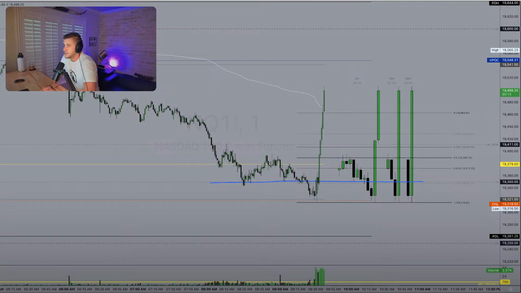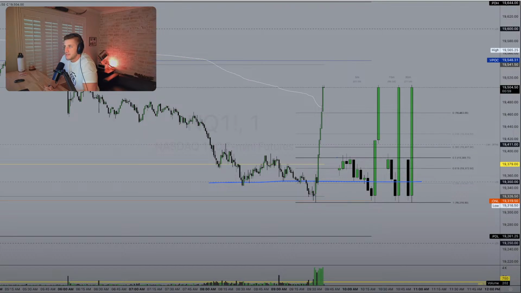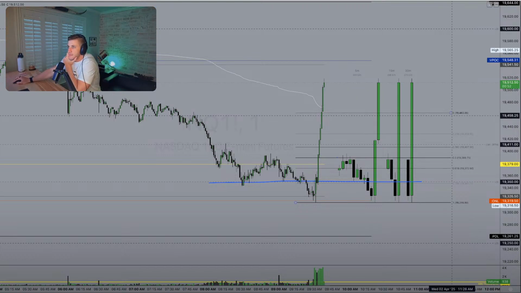There's 500 psychological level. Still cash personally. Missed that entry. I wanted at 350. So not going to chase it way up here. I'll tell you that. Prior day volume point of control 548.